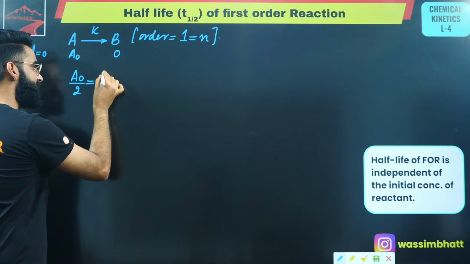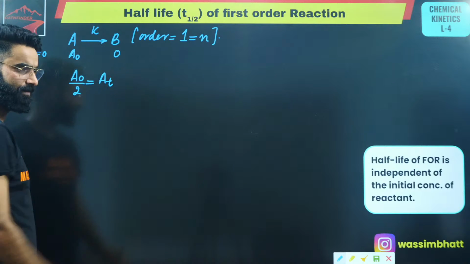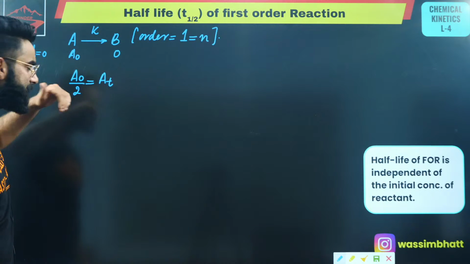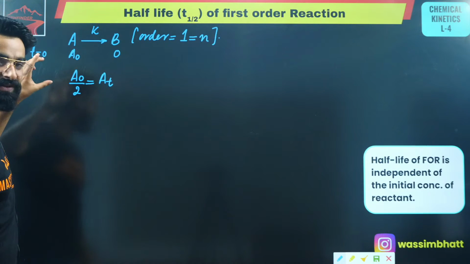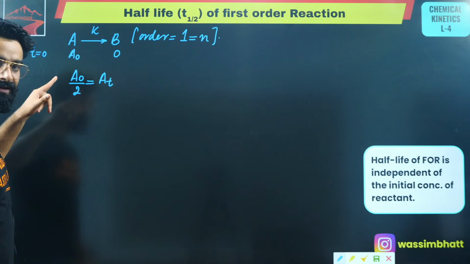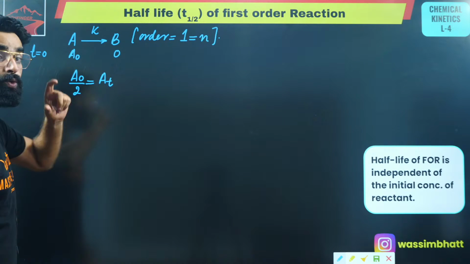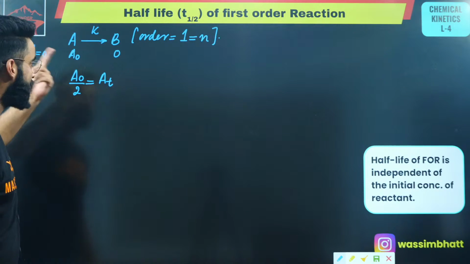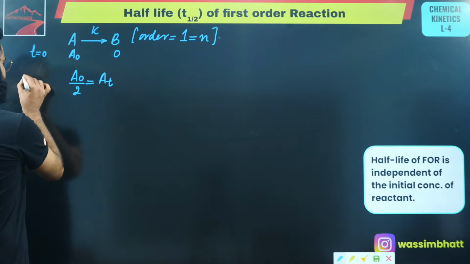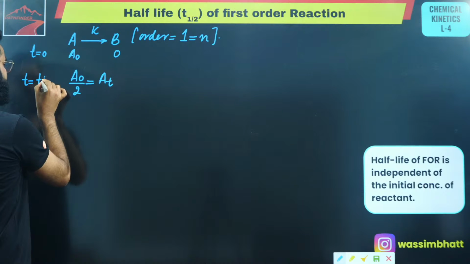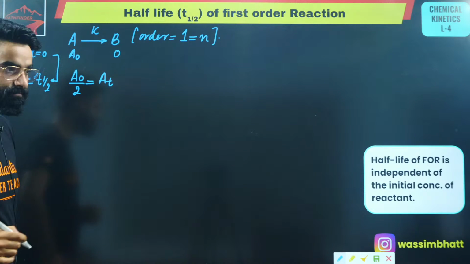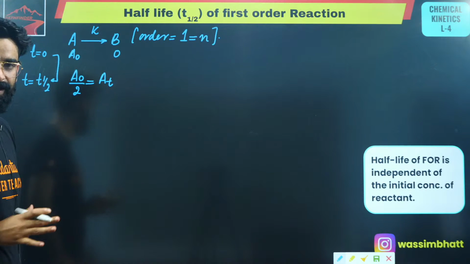And the time duration in which the concentration of reactant changes from A0 to A0 by 2, that's something which I call half-life. So this time interval is what I call half-life. As simple as that.